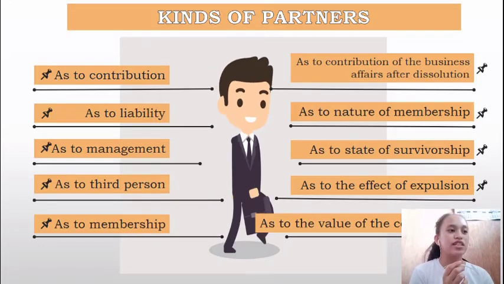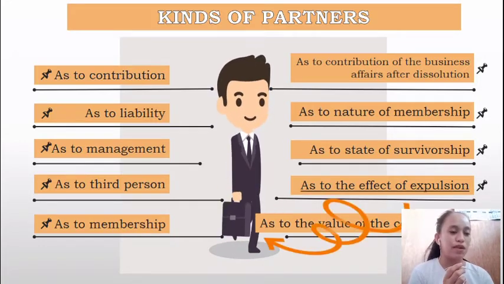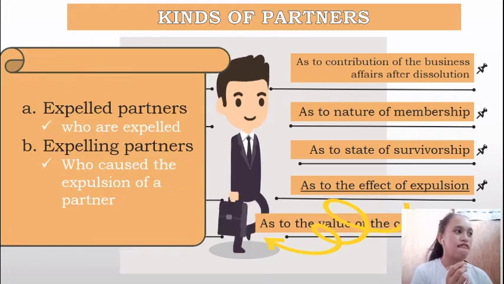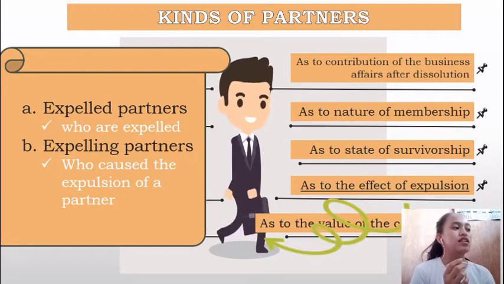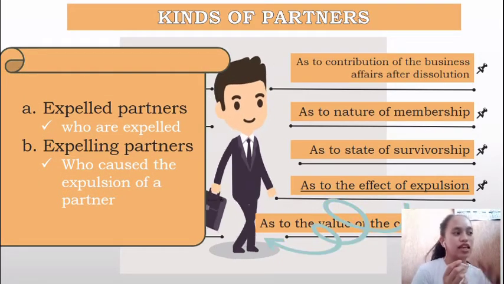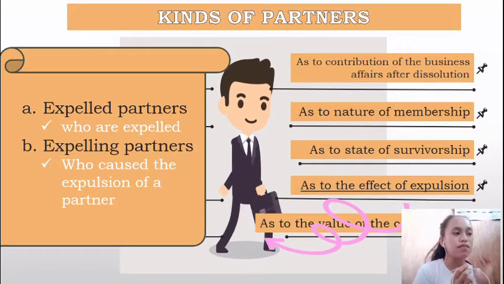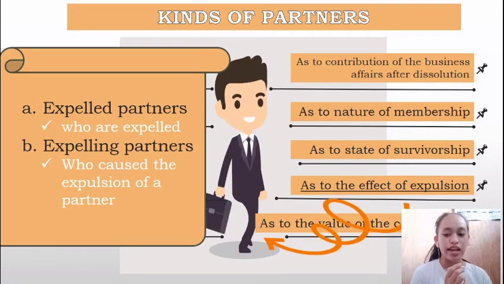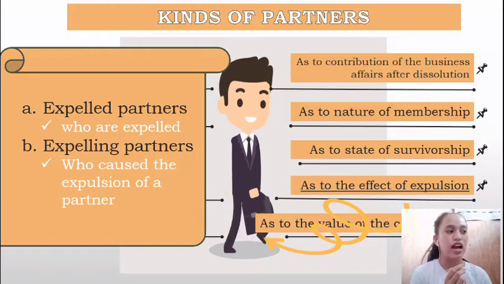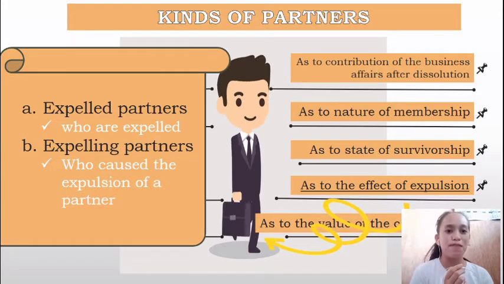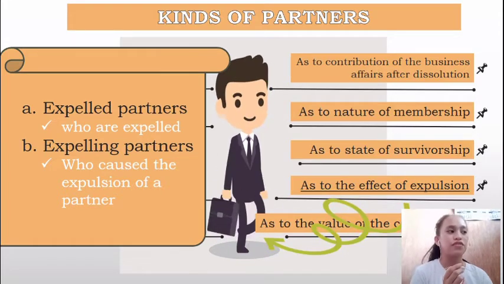The next partner is as to the effect of expulsion. It could be expelled partners and the expelling partners. Expelled partners are those who are expelled from the partnership by the other partners for a valid cause.